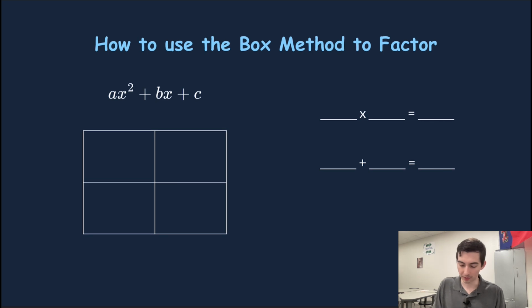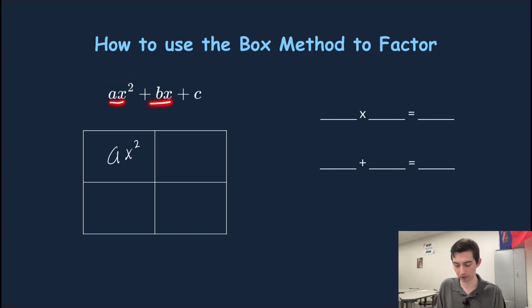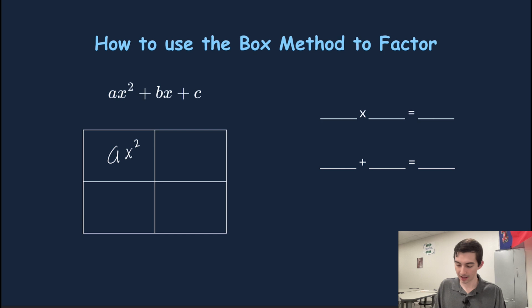So for my box method, when I set it up, I'm going to have my ax squared in this first part. So we've got these quadratics in standard form, ax squared plus bx plus c. And so my ax squared is going to come into this first box. And then my c term is going to end up in this last box.